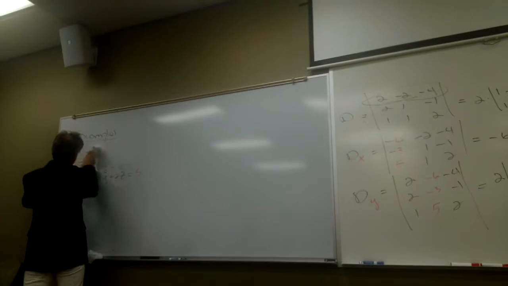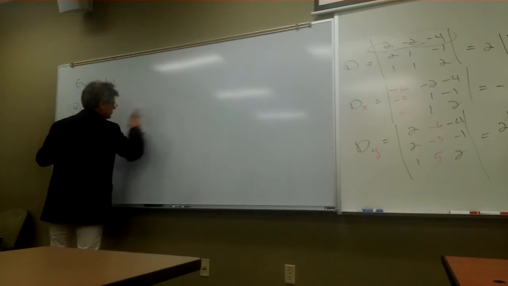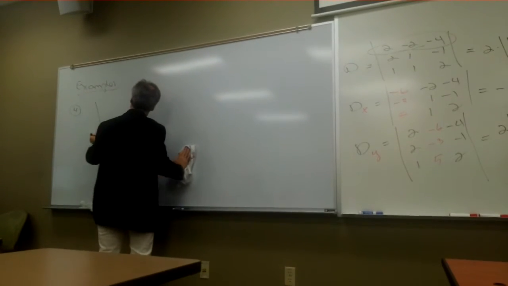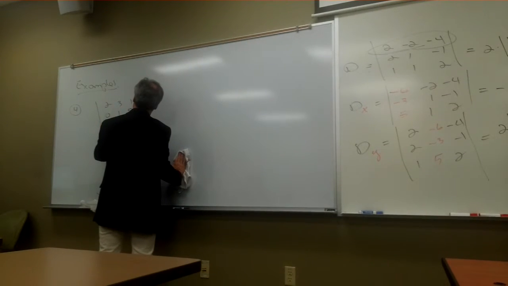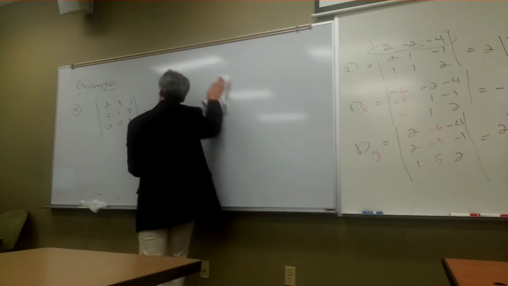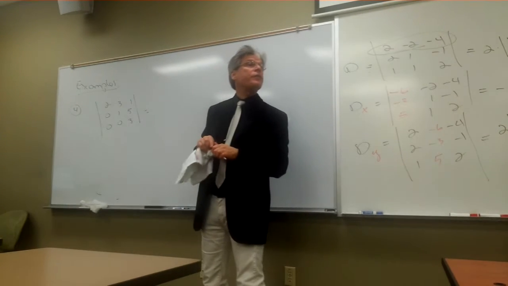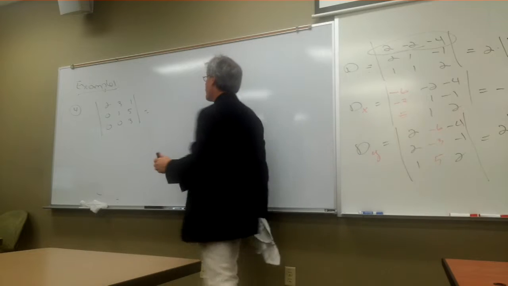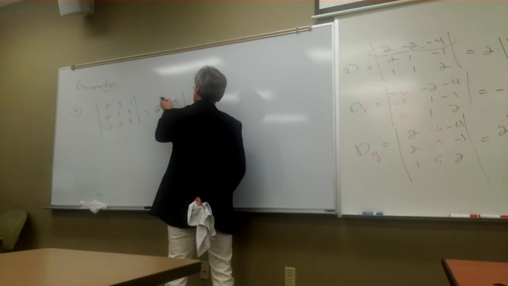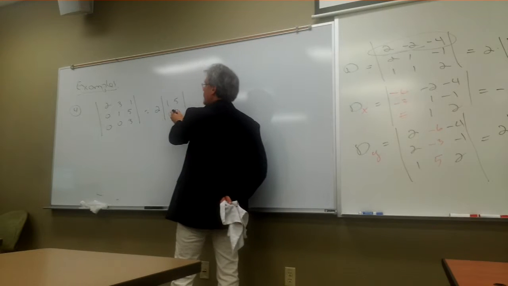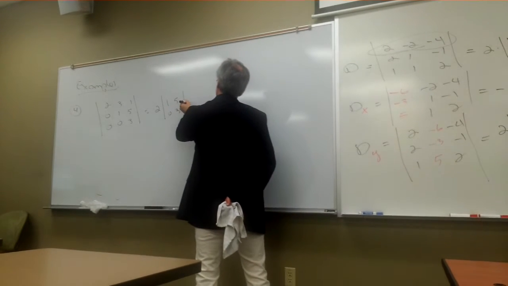Check this out. If I were to list a cofactor expansion about the first row, that would give me 2 times this, plus 3 with a sign change times this.